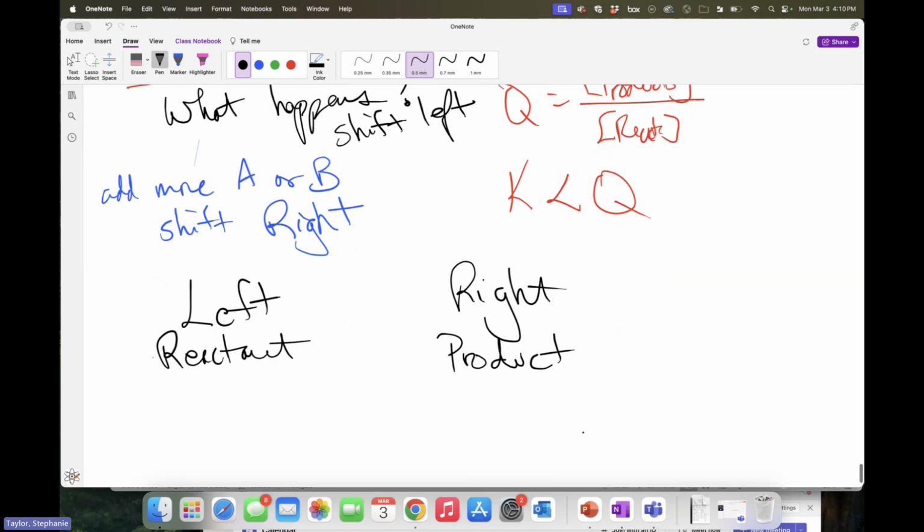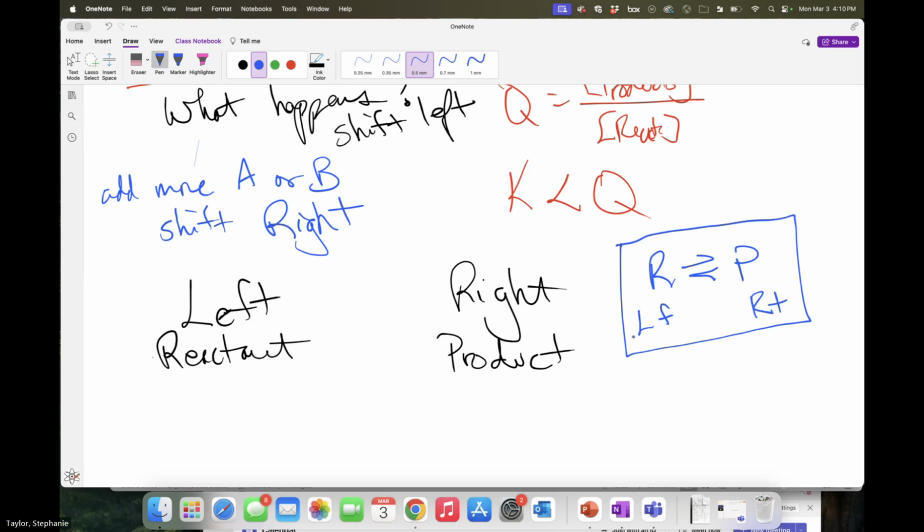In my class, I think I already did a speech on this one, but it was super common for me when I was teaching this that I'd have a little thing that said R is in equilibrium with P, reactants and products, and then left and right, so I wouldn't get it mixed up, because that's actually kind of difficult for me to do.